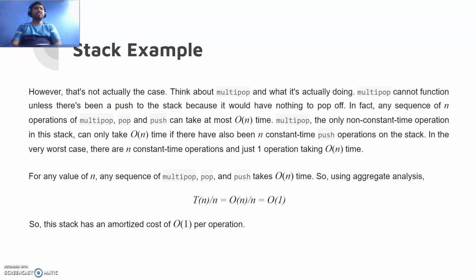So using aggregate analysis, we know that T of n divided by n, that is big O of n divided by n, is big O of 1. Finally, each operation, be it pop, multipop or push, is going to take just big O of 1. So it's a constant time algorithm for one operation.